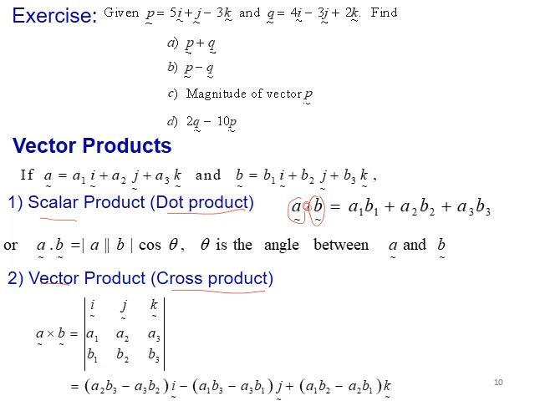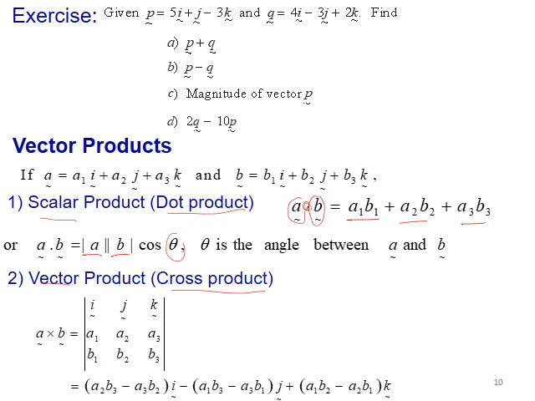What we do here is multiply the i items of both vectors plus the j items for both, plus the k items for both vectors, and this way i, j, k will disappear. We have only numbers, a scalar, so it gives a final scalar value. Another way to find the dot product is by multiplying the magnitude of the first and the second vector by cosine of the angle theta, which is the angle between a and b.